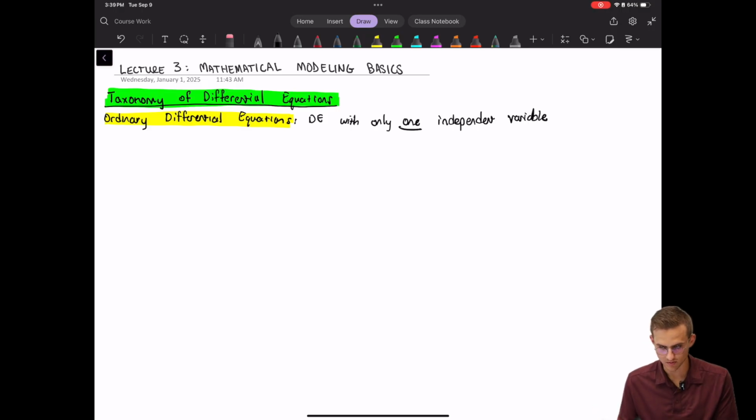Okay, so if you have multiple independent variables, it's a system of coupled ODEs. So it has only one.